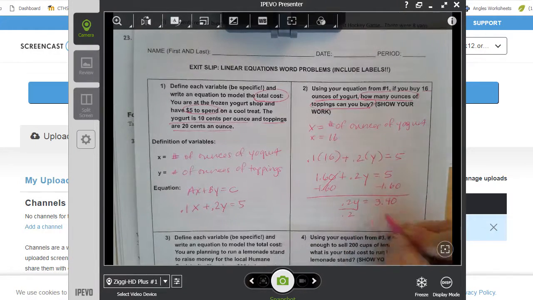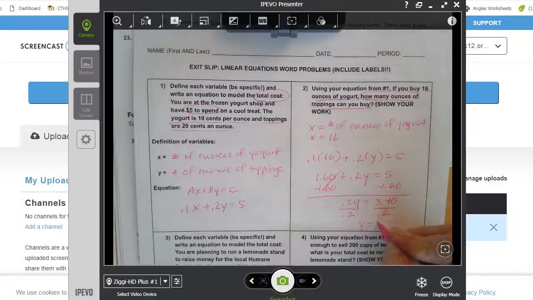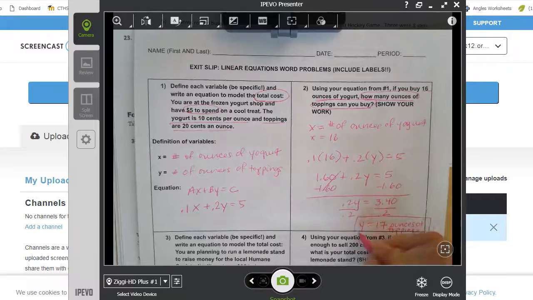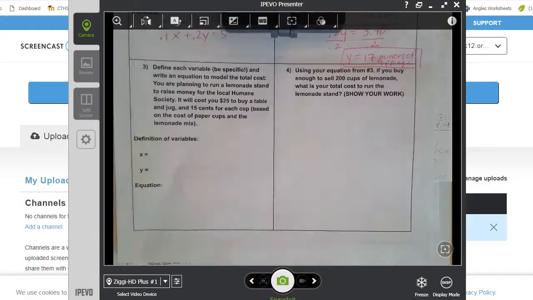And I'm going to divide by 0.2. I know 34 divided by 2 would be 17, so 3.4 divided by 0.2 will also be 17, and that's ounces of toppings. Of course, you had your calculator available to use, but I'm trying to model some mental math as well.